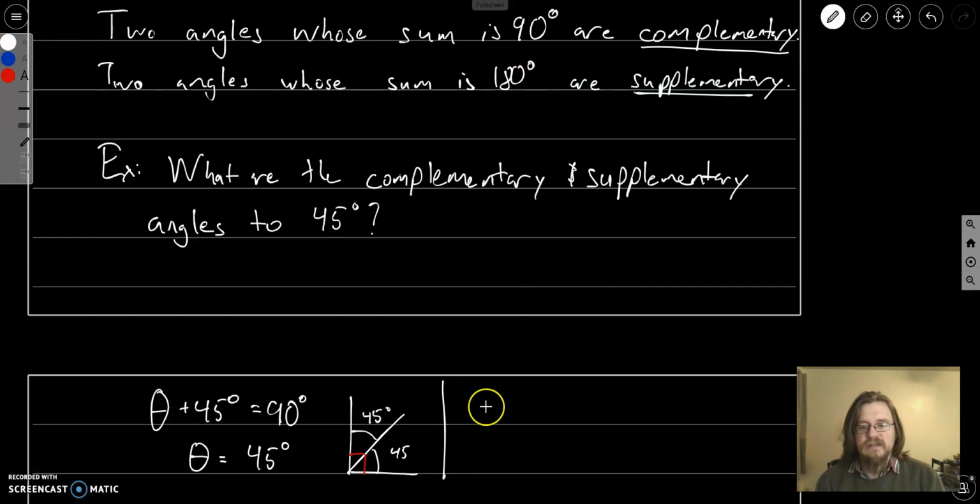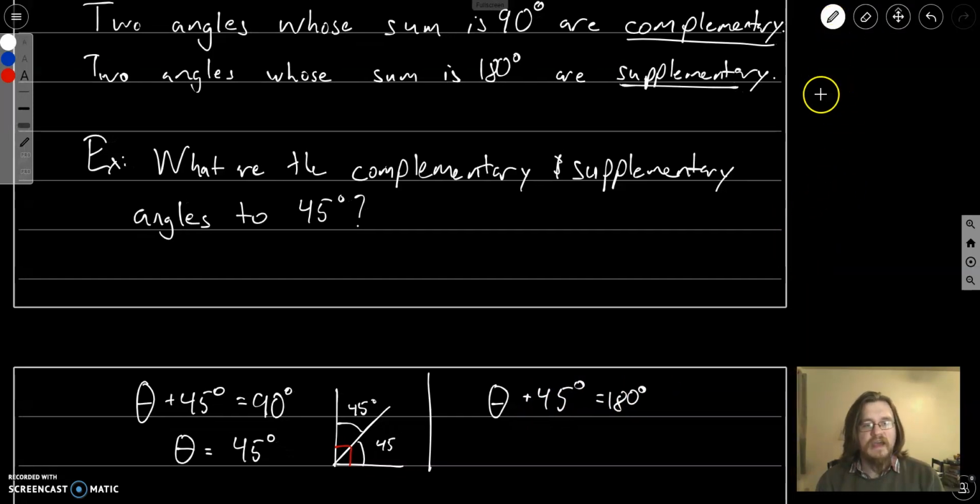So again, let's say that I'm trying to find the supplementary angle to 45 degrees. That means that whatever angle it is, if I add 45 degrees to it, I should get 180 degrees. And again, I can just subtract 45 from both sides. I'll get 135 degrees. So 180, remember, is a very special angle, and that is just going to be a straight angle.